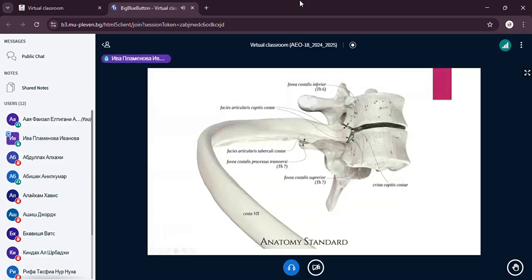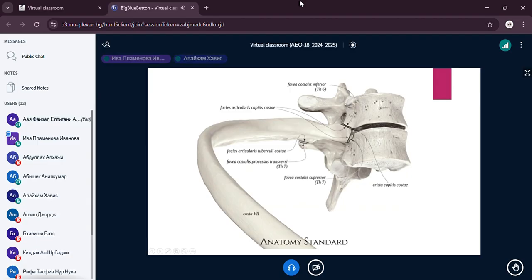What was that here? On the body, here and here. That's the thoracic vertebra. The facets on the sides, yeah, for the ribs.